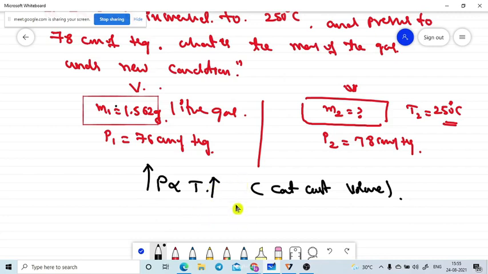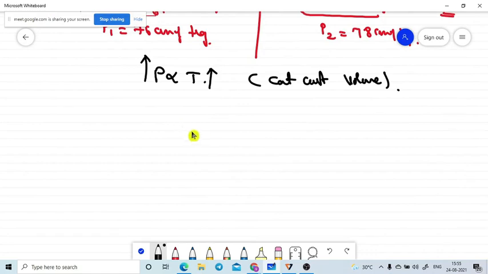Please concentrate here. This is the vessel, and it has a fixed volume of 1 liter.